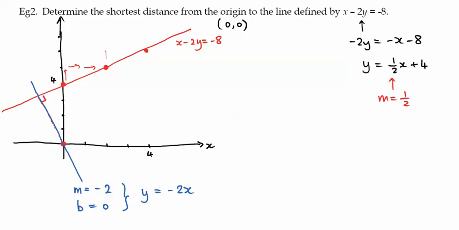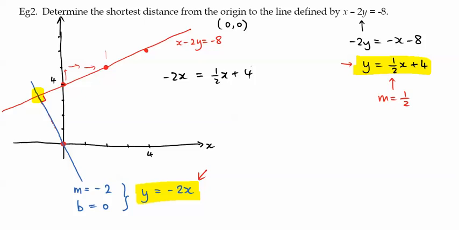And using the 2 equations here, we can now find the point where they intersect by solving the system of equations. The point where they intersect can now be calculated by bringing these 2 equations together. y equals -2x on one side and y equals 1/2 of x plus 4 on the other side.